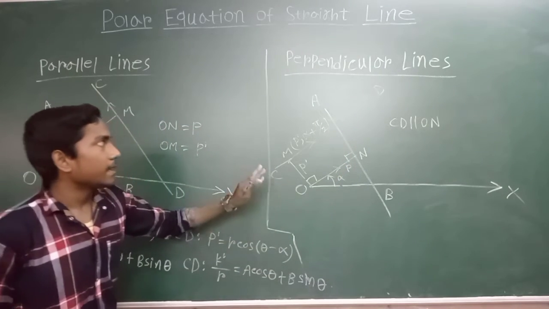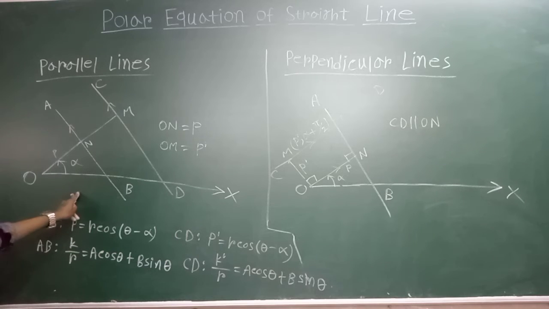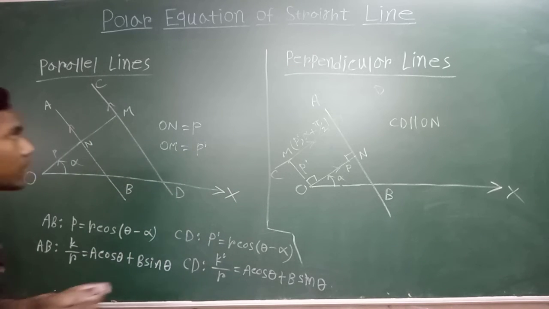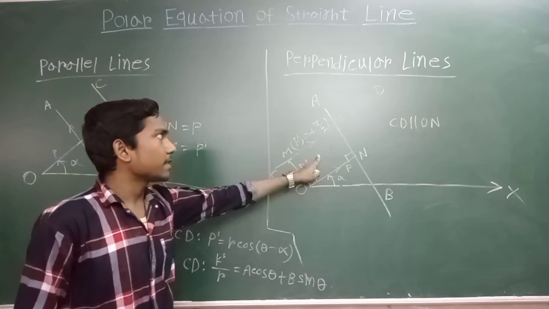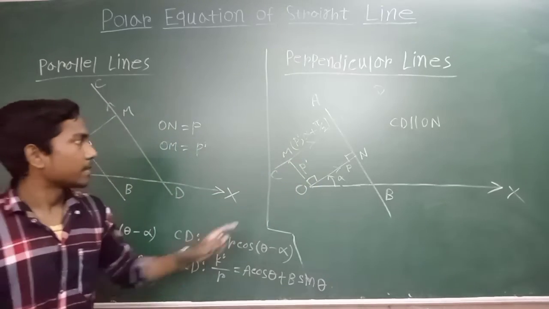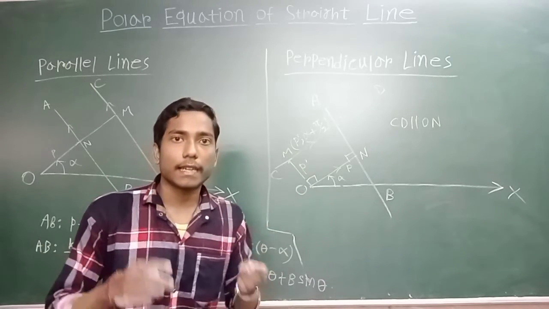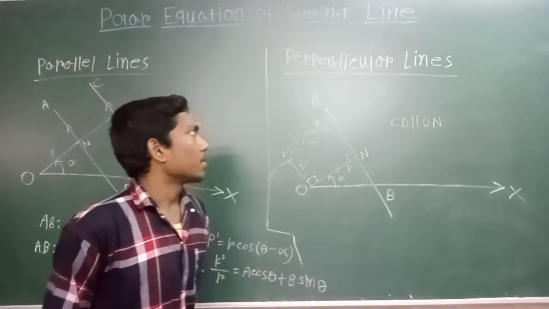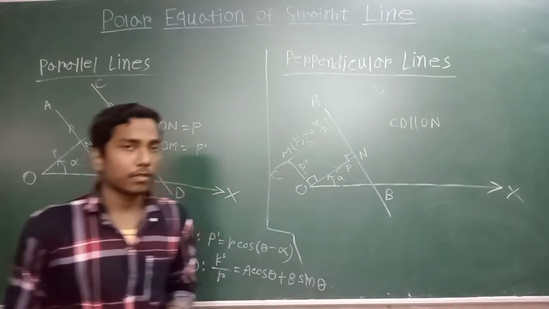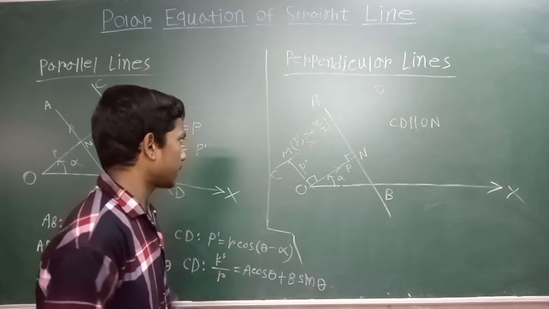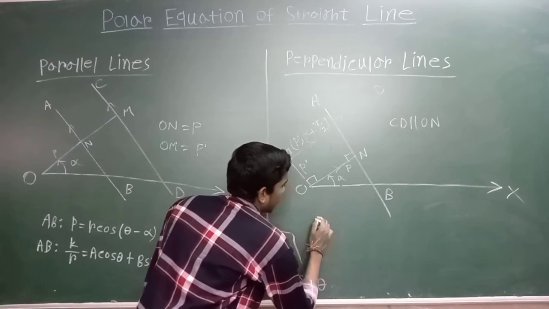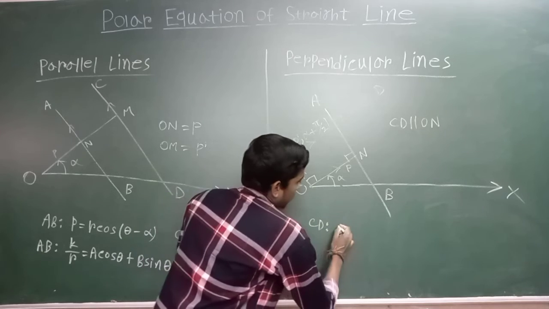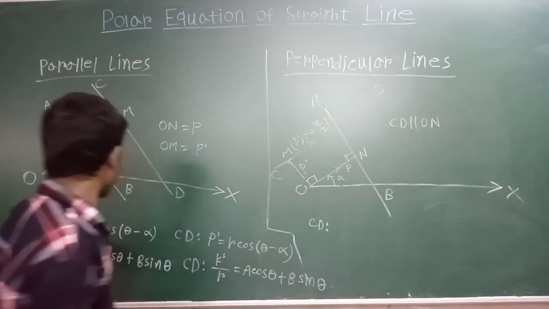It means in case of parallel straight lines, we just have to change this distance p and we get the required equation. But in case of perpendicular straight lines, we need to change the radius vector as well as the vectorial angle, and the vectorial angle is changed by a difference of pi/2, because these are perpendicular straight lines. Now we put these values in the equation and we will get the equation of CD in polar form.